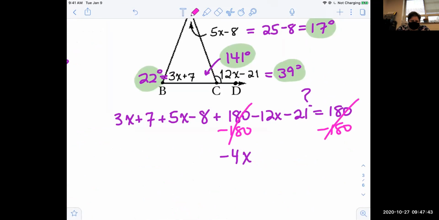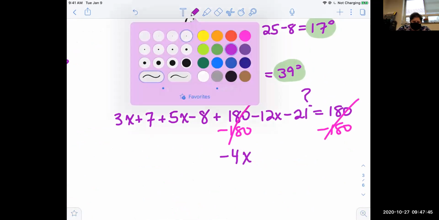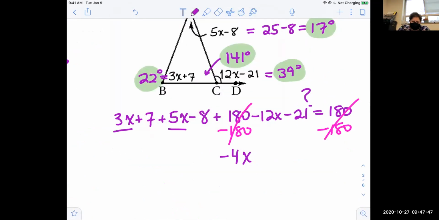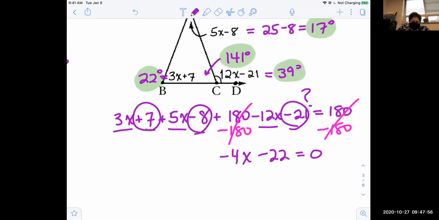That would be 8x minus 12x is negative 4x. And then negative 1 minus 21 is minus 22 equals 0. 4x equals negative 22.